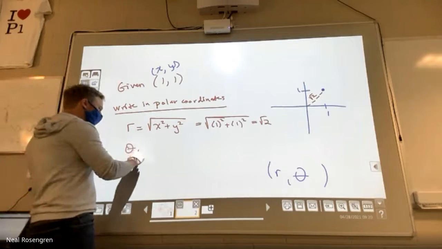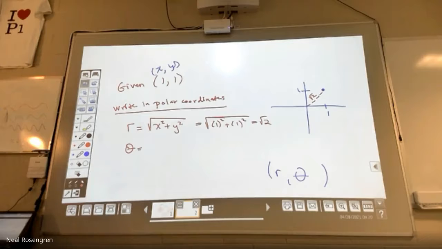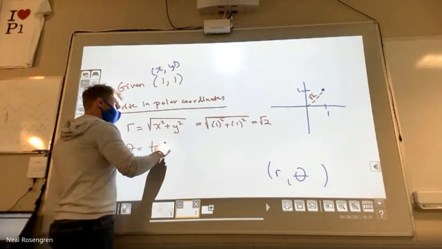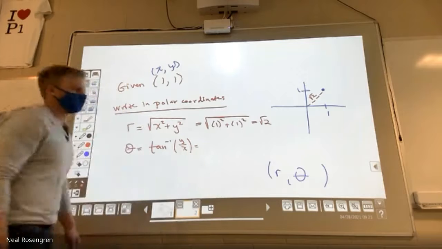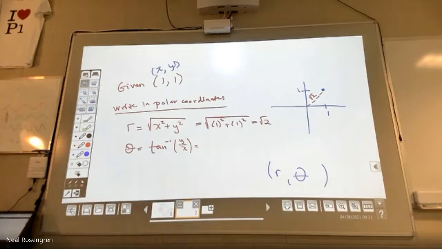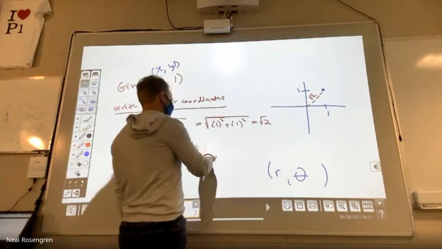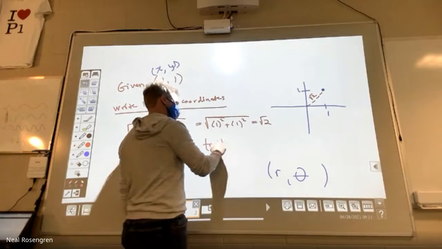Now, maybe you can look at this and know what theta is without actually having to do the work. But let's check it out, see what we get. What we figured out is that it was the inverse tangent of y over x. And if you're not great with evaluating inverse trig, that's what your calculator can do for you.